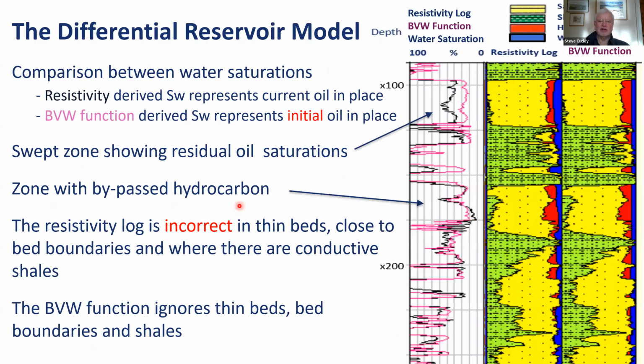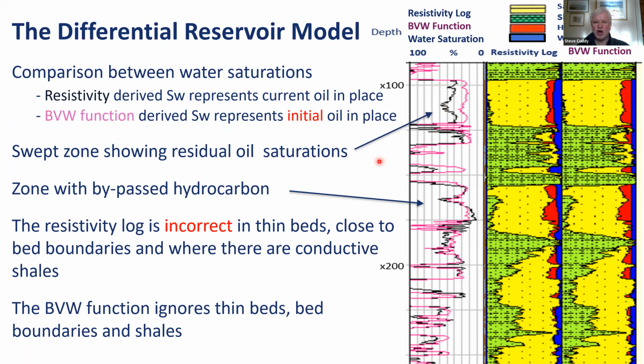So the BVW function doesn't only give us one reservoir model, it gives us two, right? We've got the model, which is the BVW function, shown in purple here. And this represents the initial oil in place. The resistivity-derived water saturation by the Archie equation is shown in black.